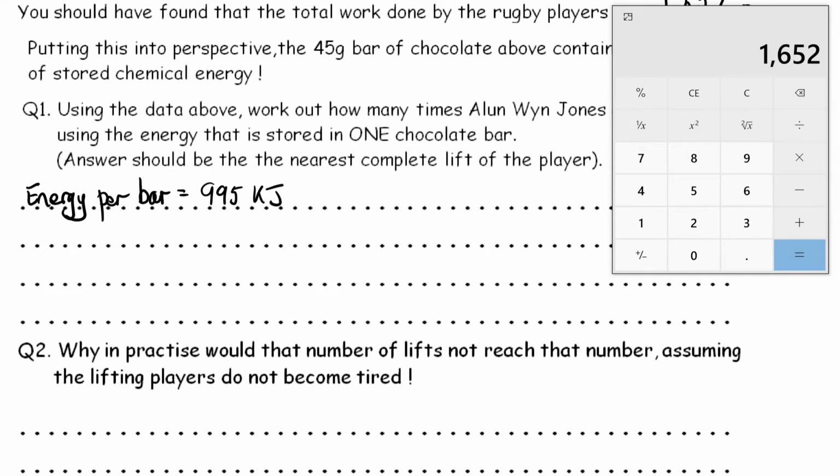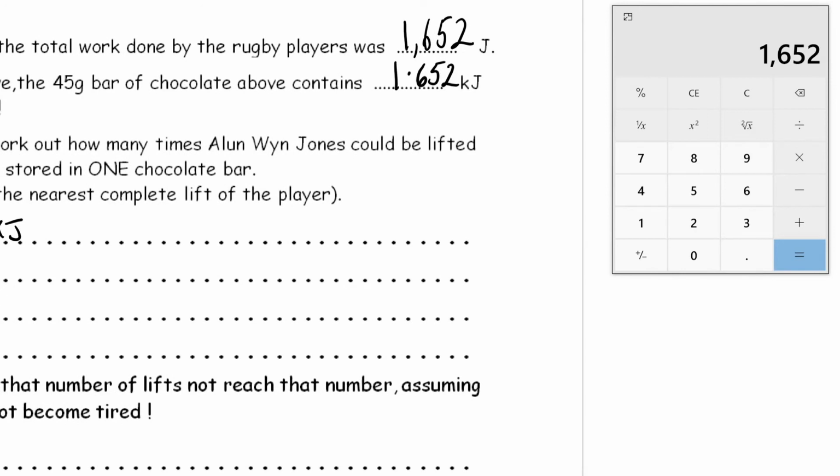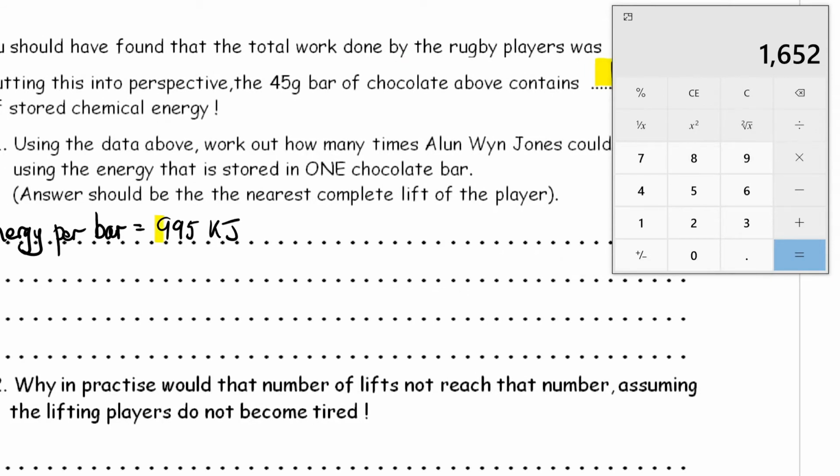Now this is where you need to apply your numerical reasoning. Two numbers we need to think of. Firstly, how much energy is needed to lift Alan Wynne Jones, and how much energy do you get from one bar.